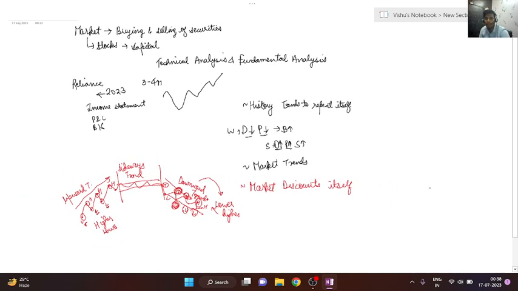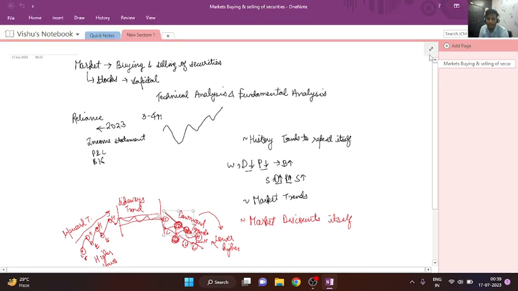Now speaking of a fact, when we say market discounts itself, it clearly means this. Right now in some companies some news comes out. If I talk about Reliance, some months previously there was the news that Reliance is net debt free. That is good news, right? For any company, being debt free is very good news.